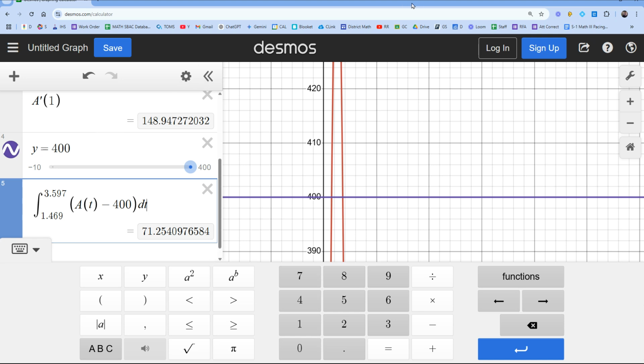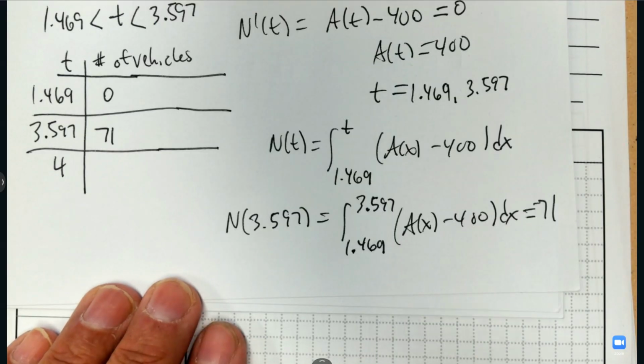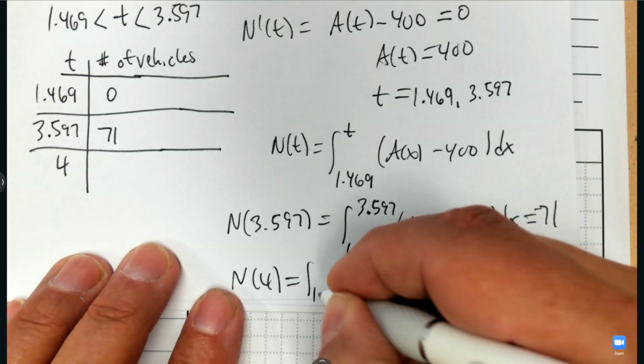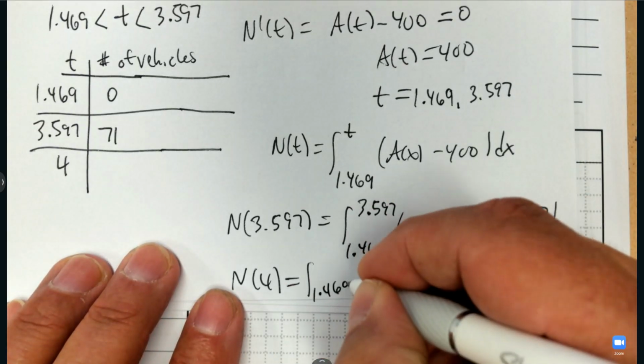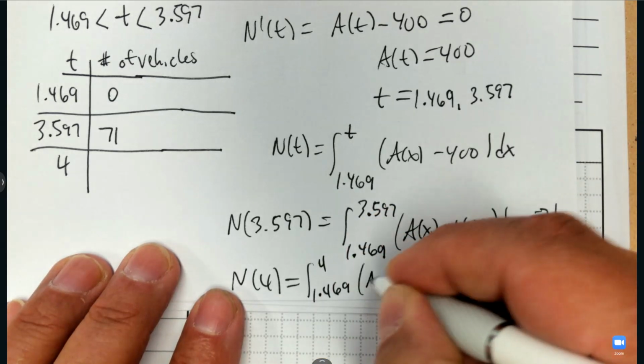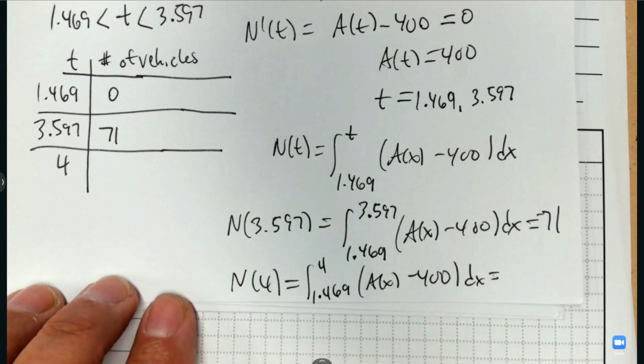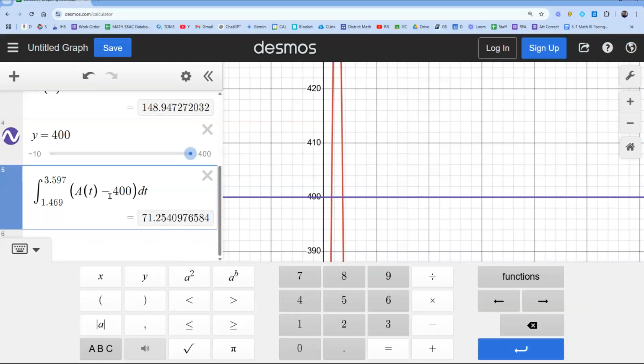Then I'm going to set this up again for 4. So I'm going to integrate 1.469 to 4. Now I already have it set up, so I'm not going to retype everything in. I'm just going to change that number on top to 4.